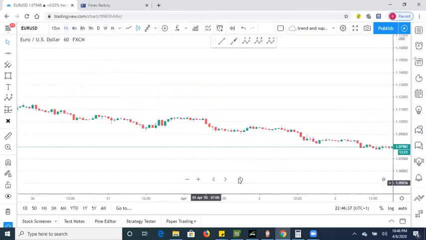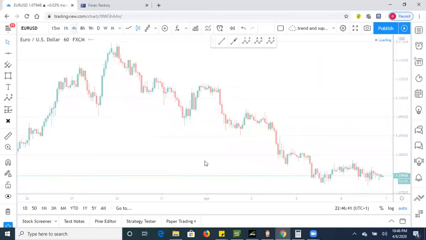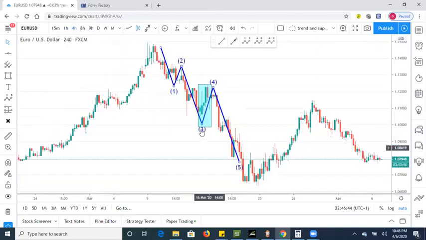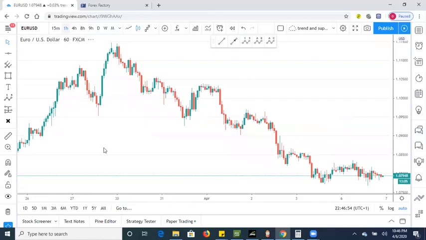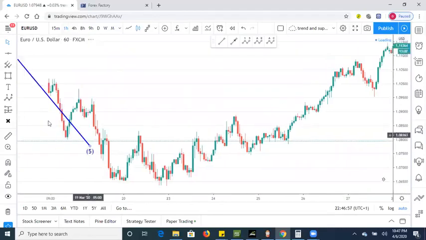And we go down to a lower time frame. This time frame is 4 hours. Say we go down to the 1 hour time frame. Let's go back to 4 hour. What date was that? Between 13th to 16th of March.